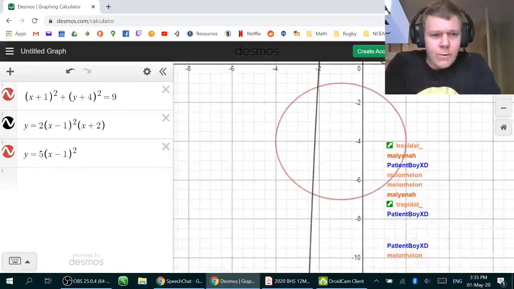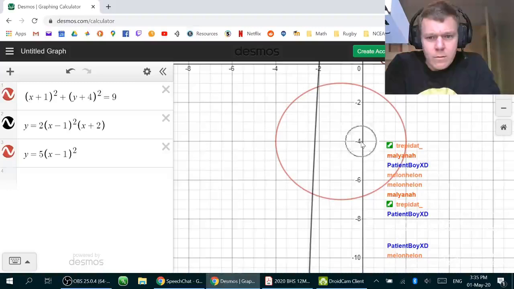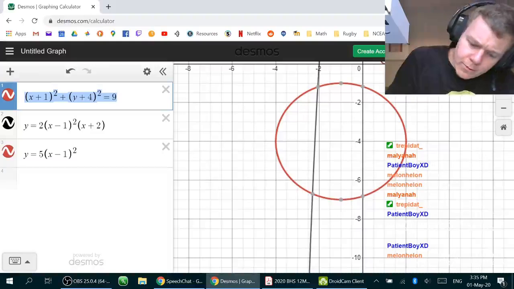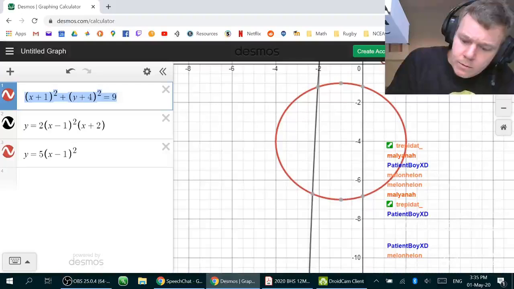Let's use this one that we've already got. This equation here, I'm just going to write this into my book: x plus 1 squared plus y plus 4 squared equals 9.